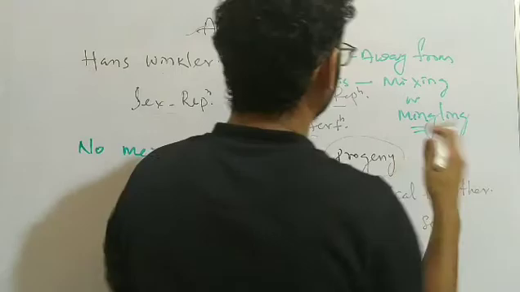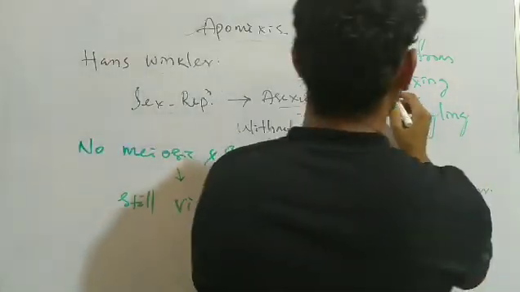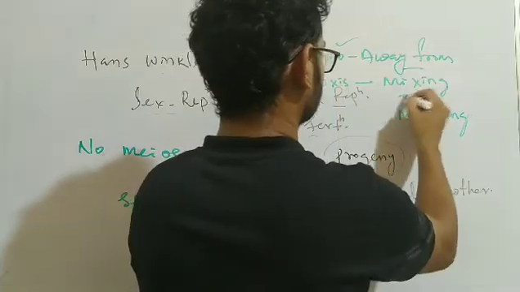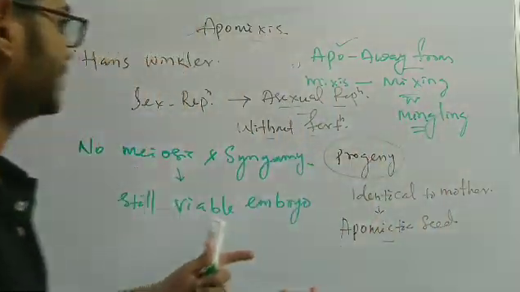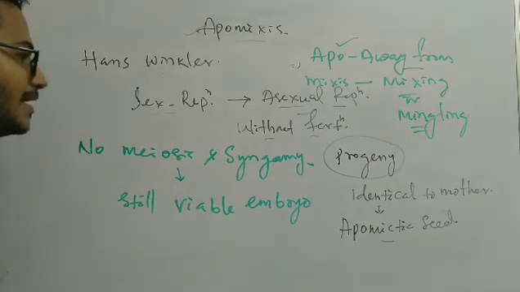Mingling means union of male and female gamete. Away from mixing, without fusion of male and female gamete, this will occur.